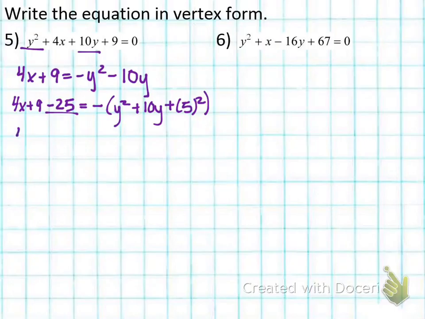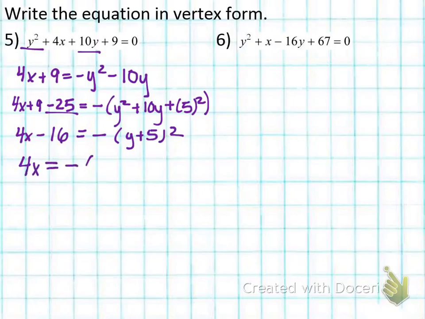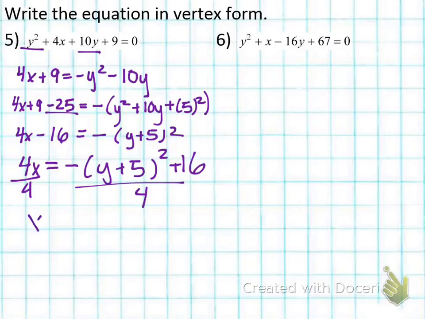Okay, and simplifying, this is 4x minus 16 equals negative y plus 5 squared. Adding 16 to the other side so that I can solve for x, and then dividing everything by 4, I get x equals negative 1/4 times y plus 5 squared plus 4.